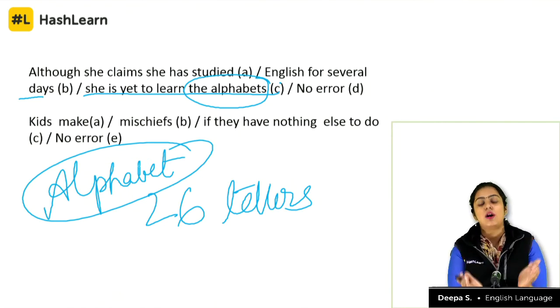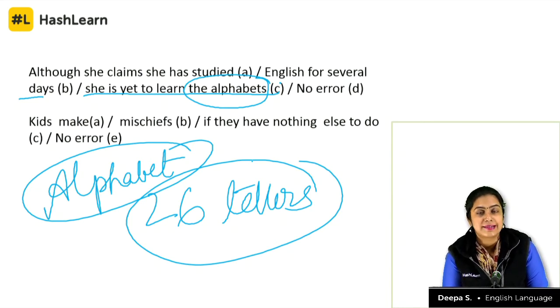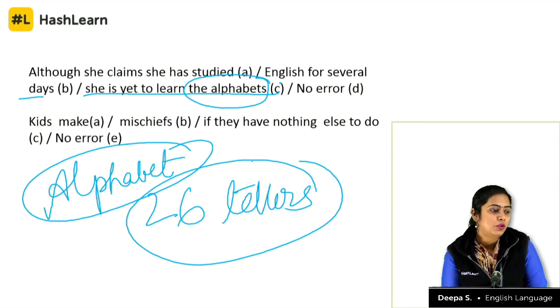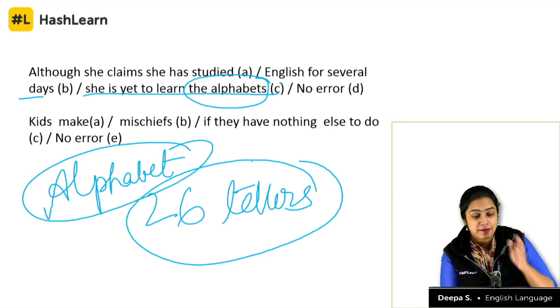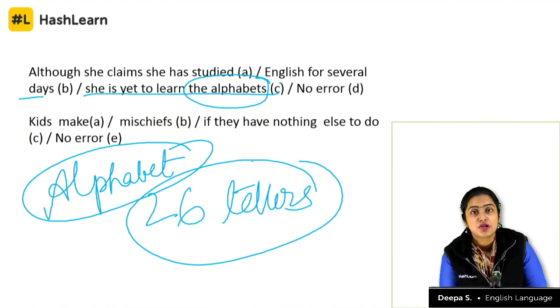This is the collective noun for the 26 letters that make the English language. So remember, it is always used as alphabet and not alphabets in this context. You can always say, when she writes, her alphabets are very slanting. They slant to the right or the left. That is right. But when you talk of the alphabet, the 26 letters, it is always in singular.